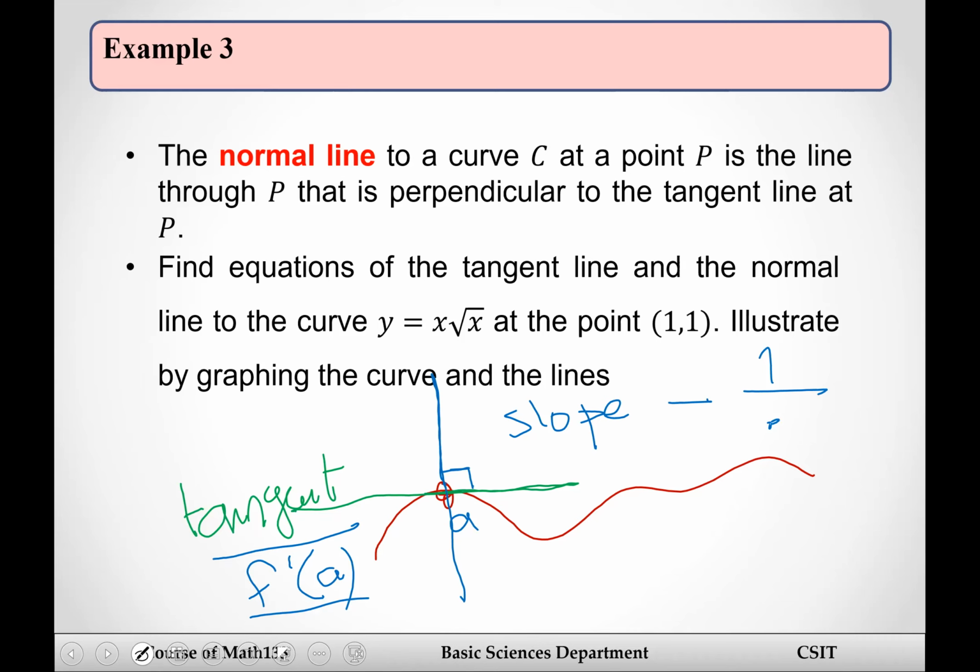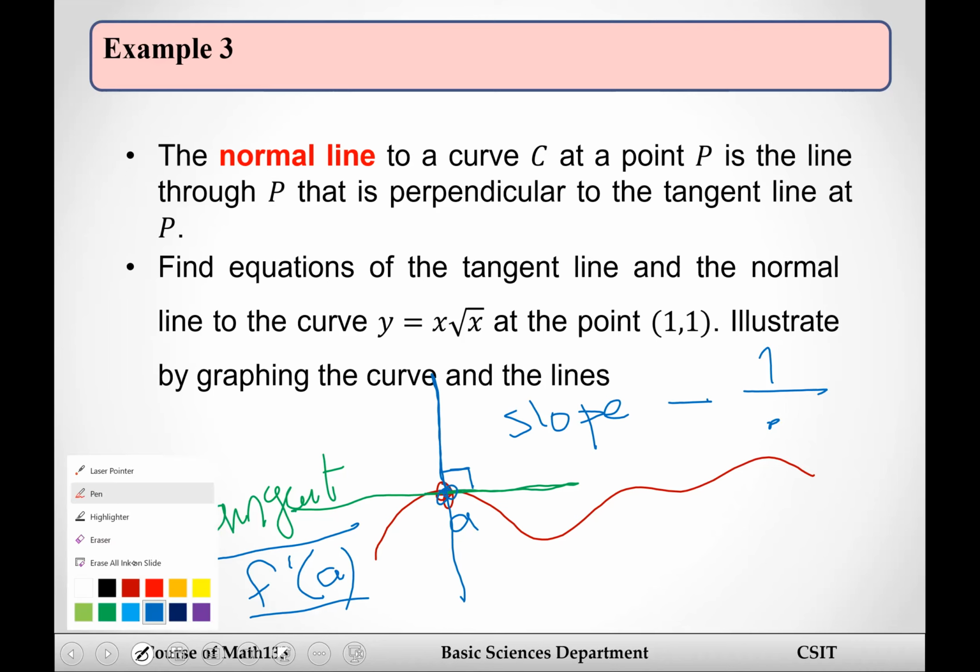The point will be given by this point here. The plus b, the y-intercept will be given by the point. Okay, so we want here to find the equation of the tangent line and the normal line to the curve y equal to x root x at the point 1, 1.